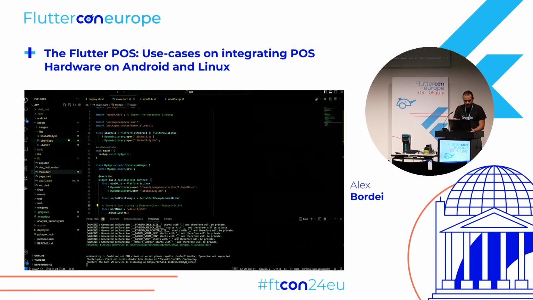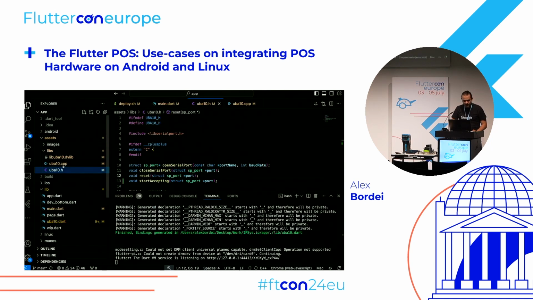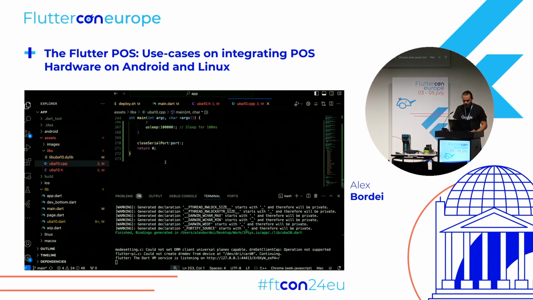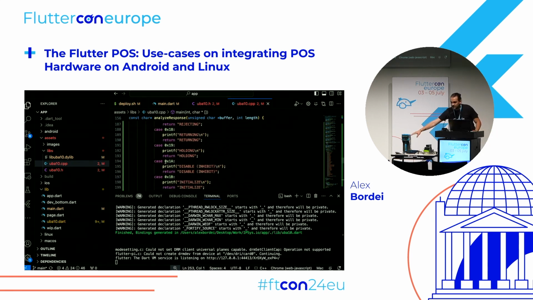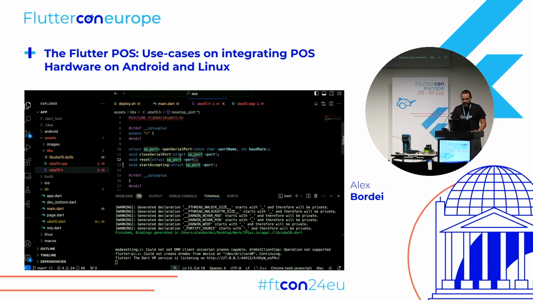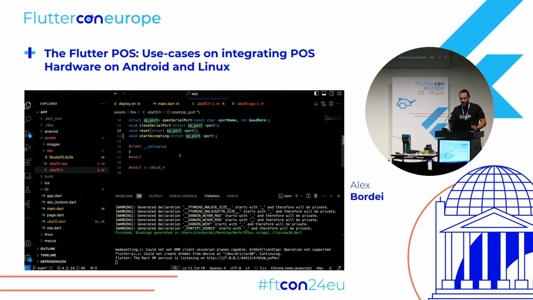We have this library here, which is basically a serial integration of the cash acceptor. This library is able to read all the statuses of the cash acceptor, to know if we have any denomination inside, like money, or to reset the cash acceptor. Also, we have the header file in which we are exposing some of the methods.